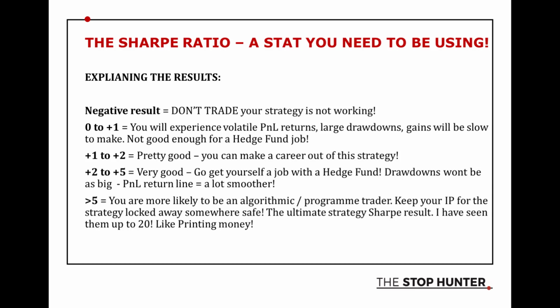Drawdowns won't be as big. That P&L return line is going to be a lot smoother, and like I mentioned before, greater than 5, then keep that strategy you've got to yourself, because it's going to be worth something.